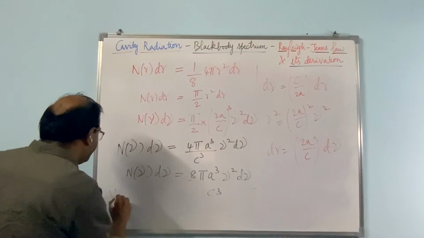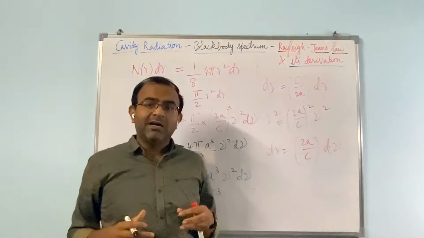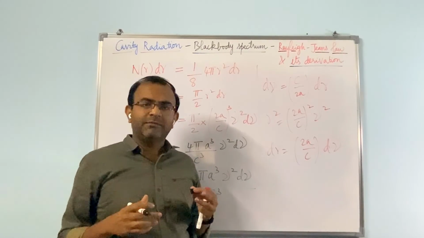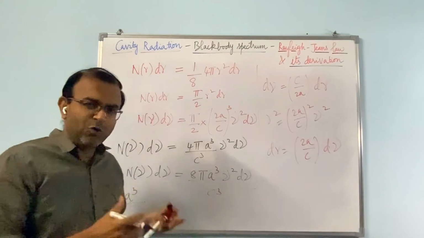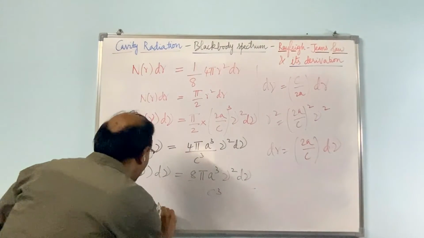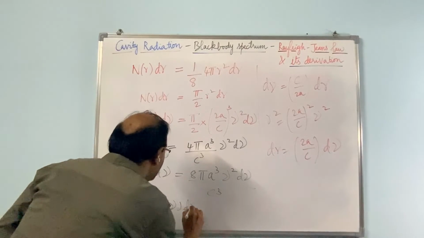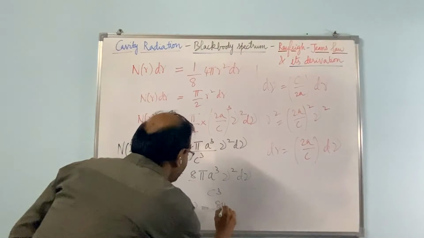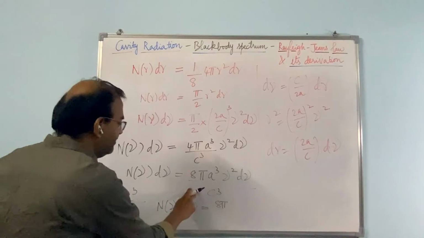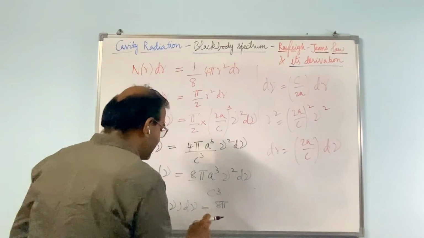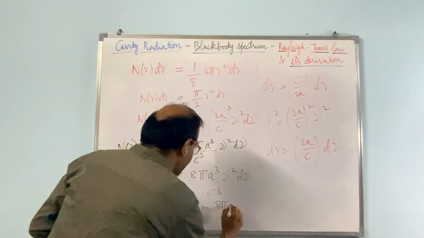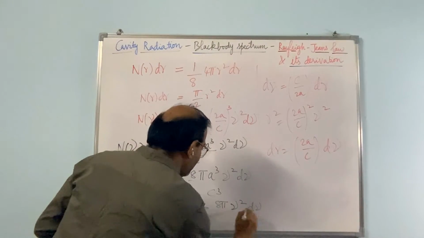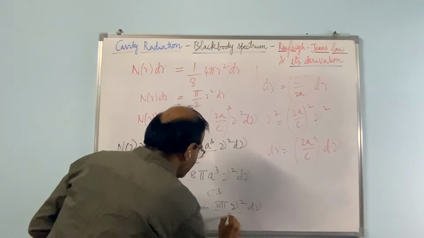If the volume of the cavity is a cube, because we have taken a cubical cavity, let's say, then our N nu d nu is equal to 8 pi, we have divided here by volume, let us say, then we have 8 pi nu squared d nu over c cube.